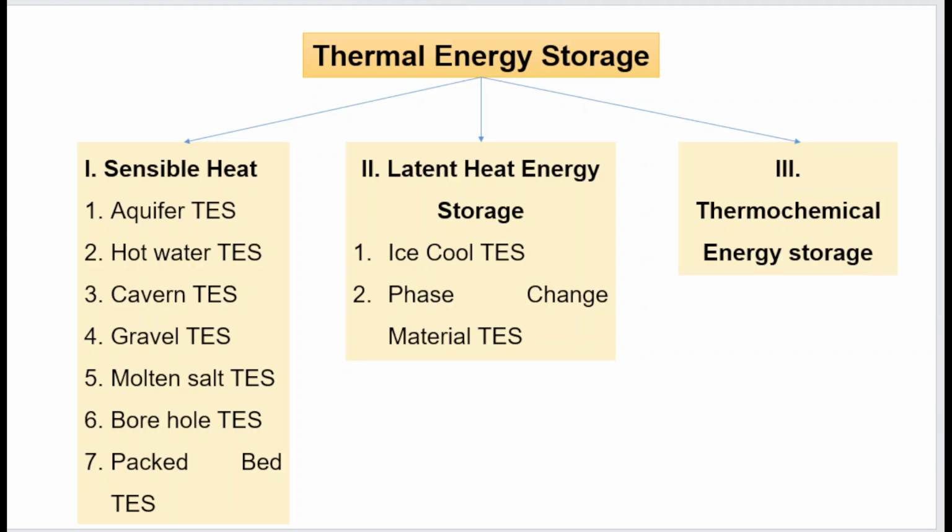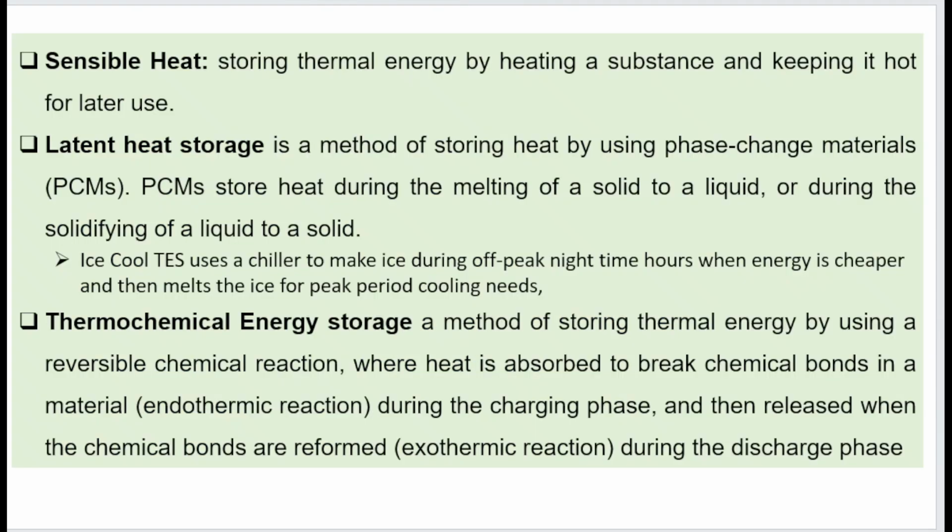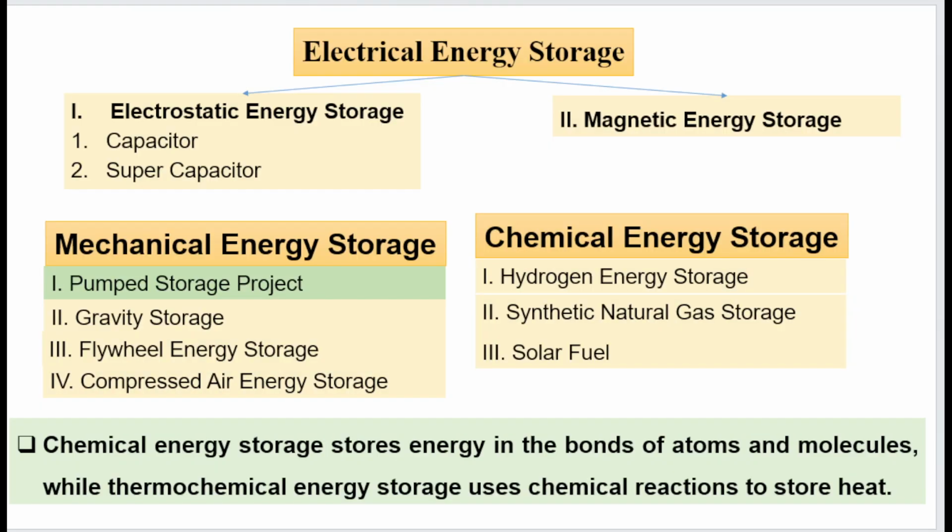You can search these on the internet. Sensible heat is basically storing thermal energy by heating a substance and keeping it hot for later use. Latent heat, you all know, is change in the state without changing the temperature. And thermochemical energy storage is the method of storing thermal energy by using a reversible chemical reaction. So endothermic and exothermic reactions are used for this.